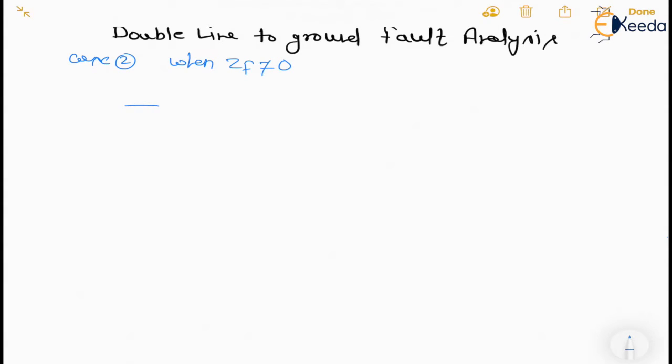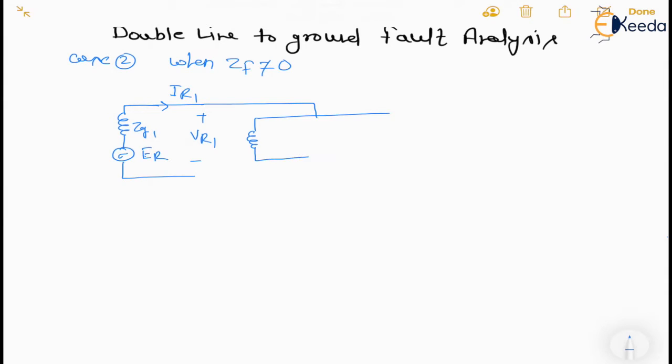So the short circuit will be: this is plus minus VR1, ZG1, ER, and this will be IR1, and here it will be ZG2, current IR2 and plus minus VR2.